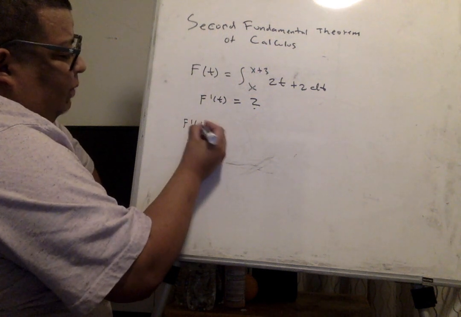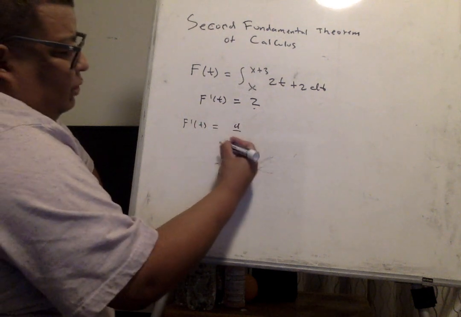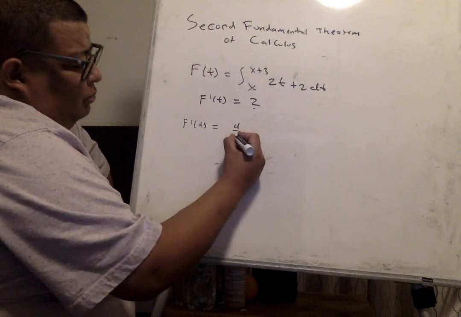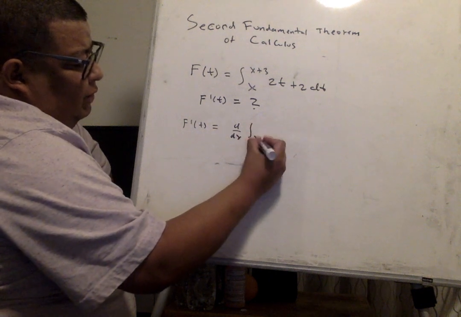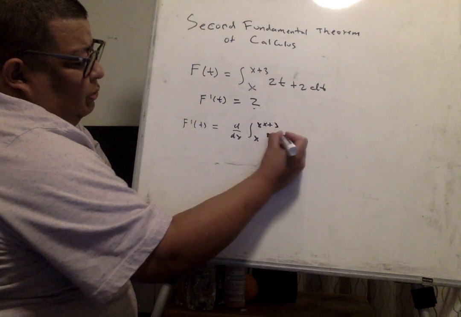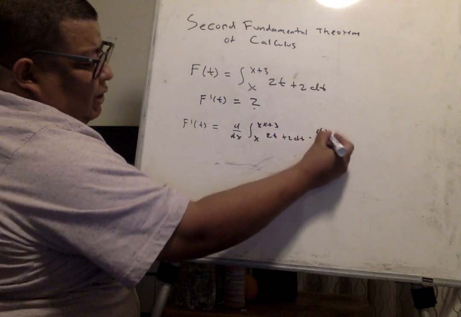You let F prime of t equal d. So we're going to basically use the chain rule. So you're gonna do d dx of the integral of 2t plus t dt from x to x plus 3.